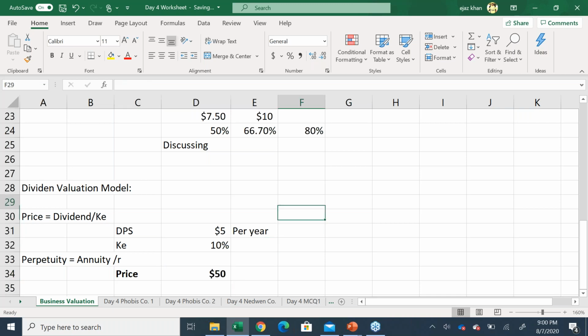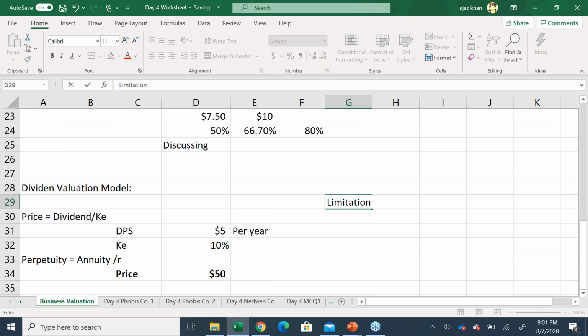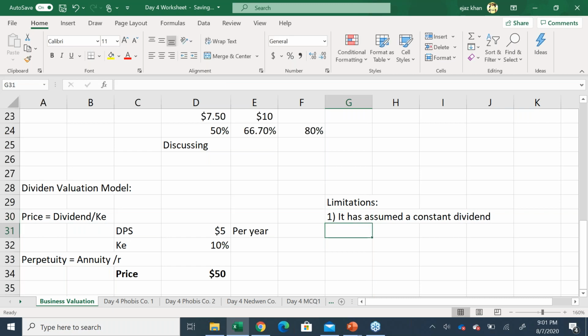But there are some problems with this model, which we call limitations. Number one, it has assumed a constant dividend, whereas dividends may grow in the future. Secondly, it has ignored capital gain.